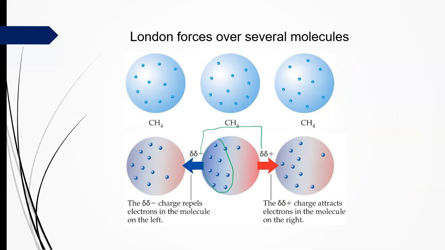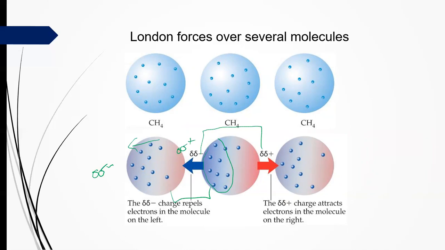As that negative charge comes over there, it's going to push these electrons away, and so that's going to shift over. And so it's going to create a partial negative in there, and it's going to create a partial positive on that other side. Now that partial positive is going to allow some attraction to occur between these molecules for that moment. We see the opposite on the right-hand side.